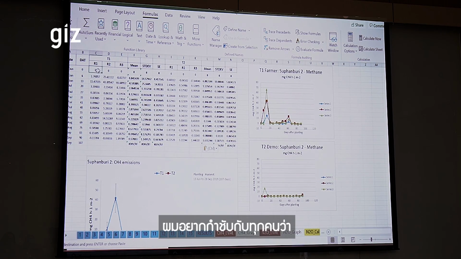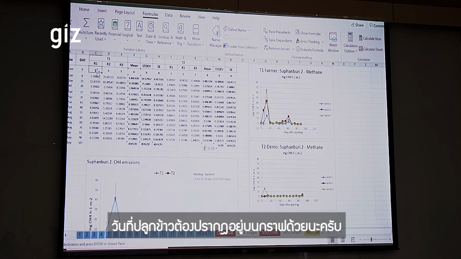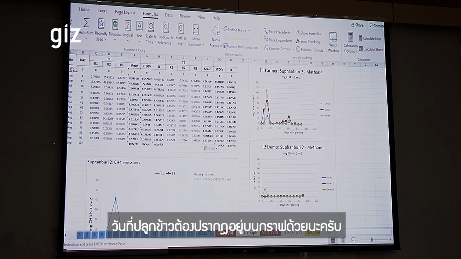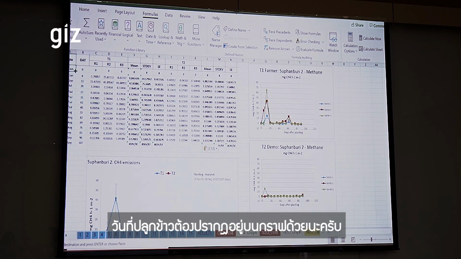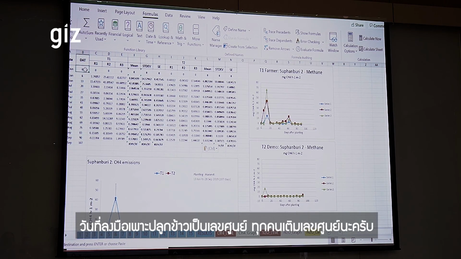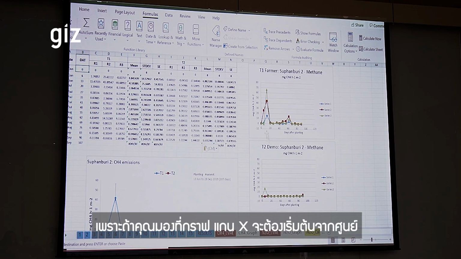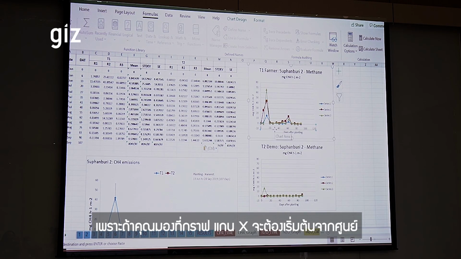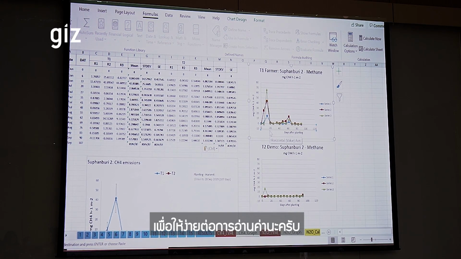I have to highlight that in this graph you make sure that you have the planting date or the seeding date included as days after planting 0, and you fill in here 0. This is because if you look at the graph, your x-axis should start at 0 to make it easier for visualizing.